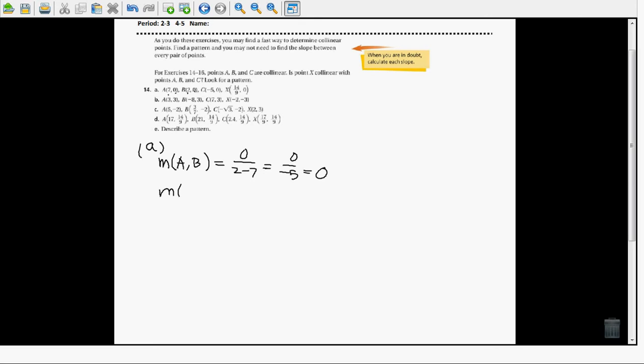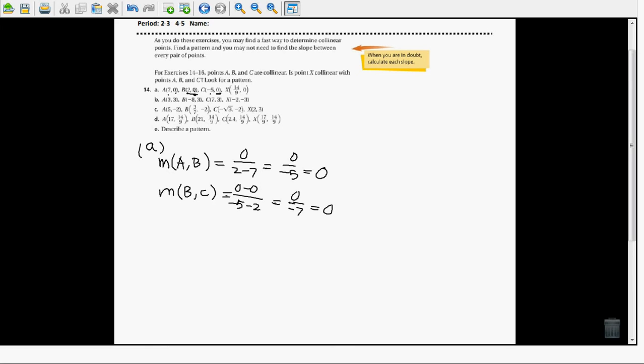Slope between B and C: the second y is 0, so 0 minus 0, over the second x minus the third x. So it's -5 minus 2. That's 0 over -7. That doesn't really matter. The slope is 0.